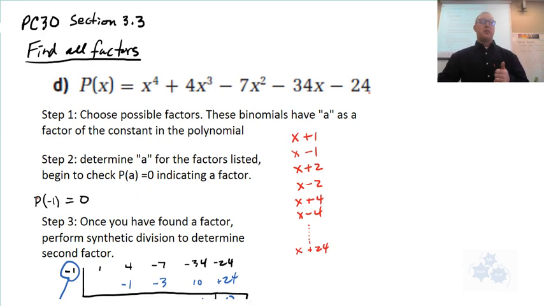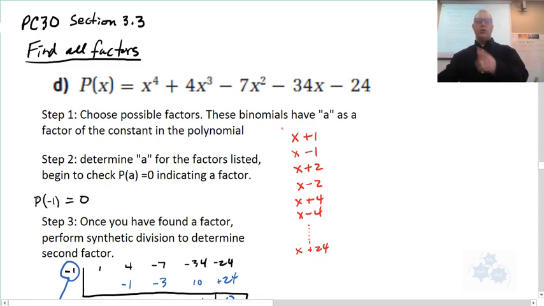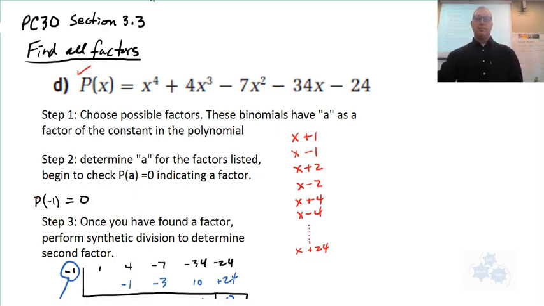Then once we find a factor, we're going to want to use synthetic division to actually do the division. And then we're going to take whatever polynomial is left over, and we're going to keep doing that process until we can nail it down to separate factors. So take a moment to jot down this polynomial here, and then these are the steps we're going to follow.